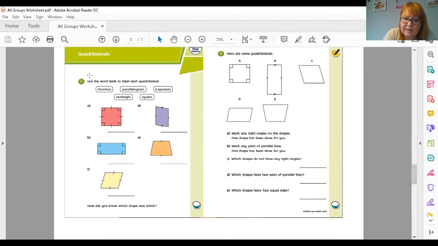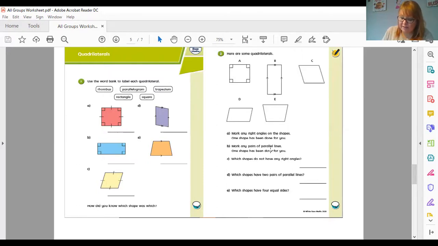Hexagons, it says here, use the word bank to label each quadrilateral. How did you know which shape was which? So that should be a sentence there. It says mark any right angles on the shapes. One has been done for you. Mark any parallel lines. You might have noticed it in the document. It says one shape has been done for you.